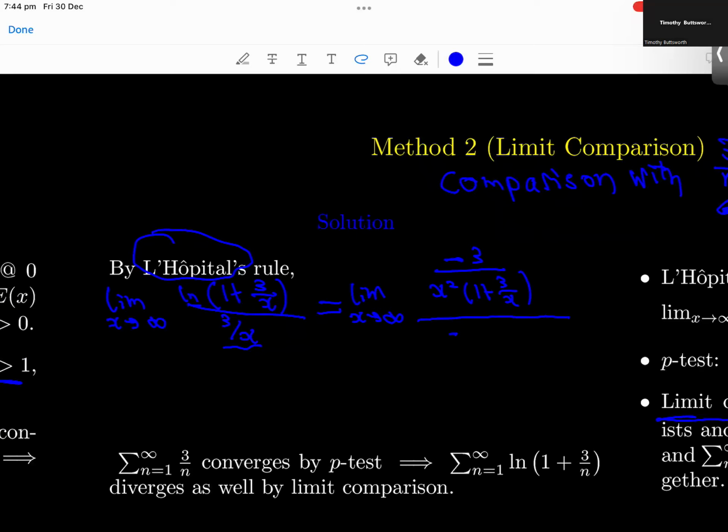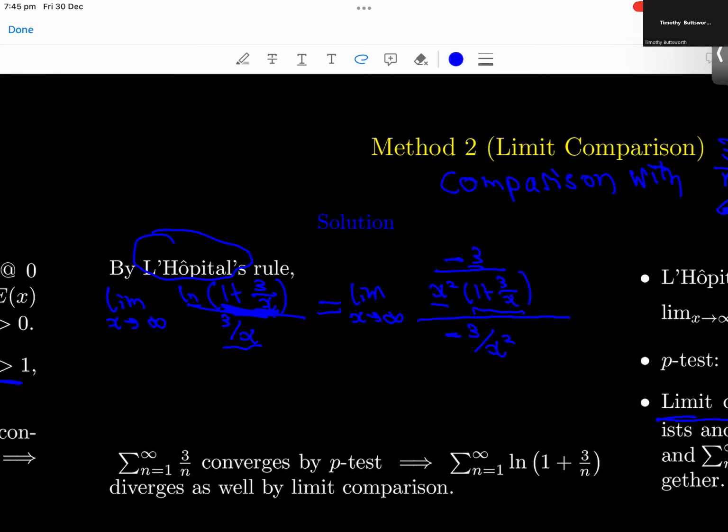And then we've got to divide by the derivative of the bottom, which is minus 3 on x squared. Remember, the derivative of the logarithm is 1 divided by whatever's inside the logarithm, which in this case is 1 plus 3 on x. But we can't forget about the chain rule. We have to multiply all of that by the derivative of what's inside the logarithm, which in this case is minus 3 divided by x squared.